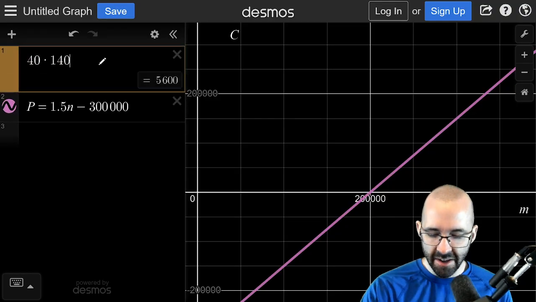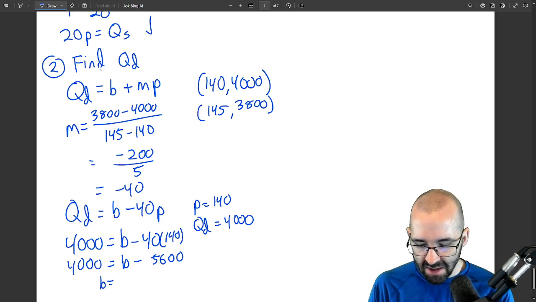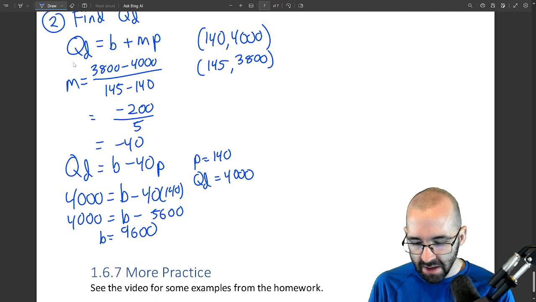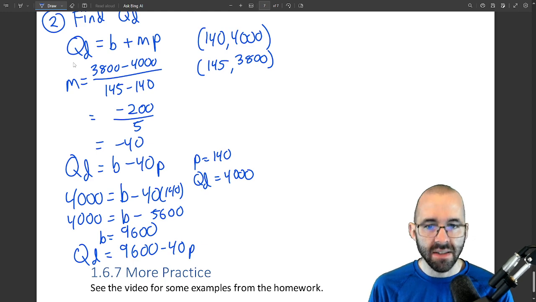Yeah, 5,600. So add that to both sides, and you're going to get B is 9,600. So our demand, QD, is 9,600, but it decreases by 40 with every price increase.